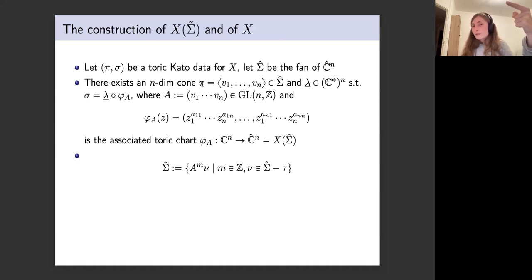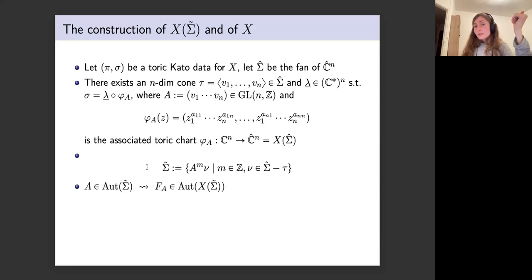You remember all the other cones, and you take Z copies of those by your matrix A. And so you can think essentially of nu hat minus tau as a fundamental domain for this infinite fan sigma tilde, on which Z acts by multiplication by A. And so you have then many copies of each of your cones.